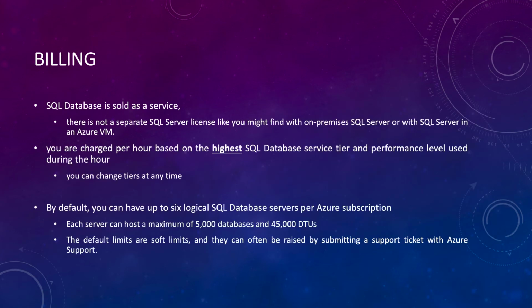Now let's talk about the billing. Because SQL database is sold as a service, there is not a separate SQL Server license like you might find with on-premises SQL Server or with SQL Server in an Azure VM. Instead, you're charged per hour based on the highest SQL database service tier and performance level used during the hour. Recall, you can change this at any time.